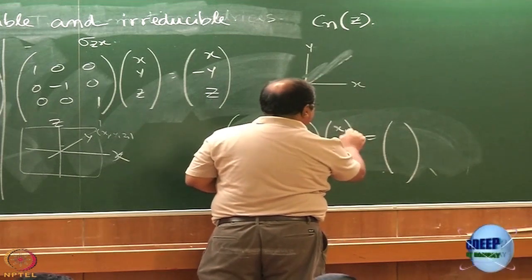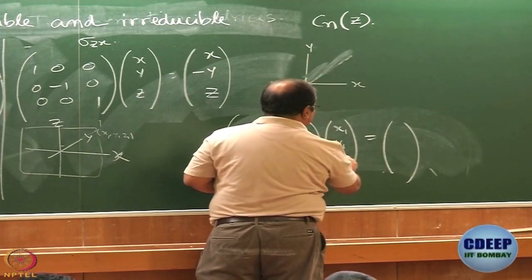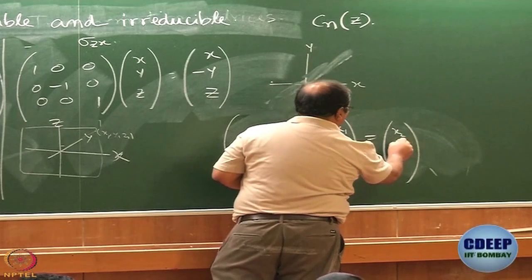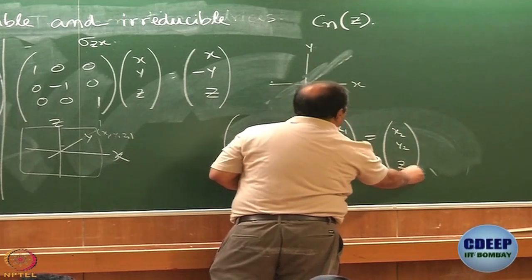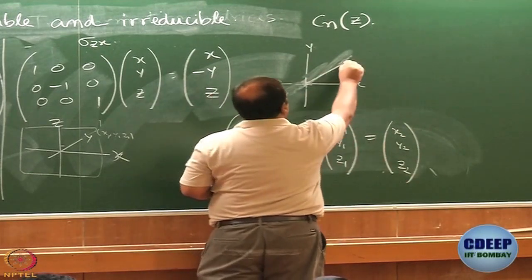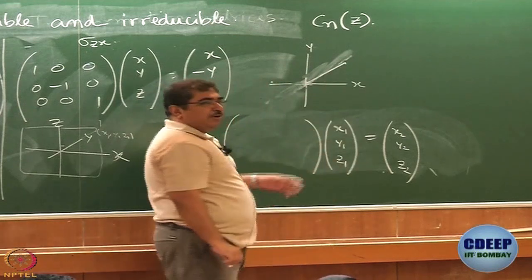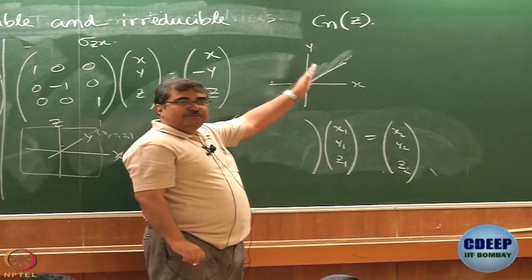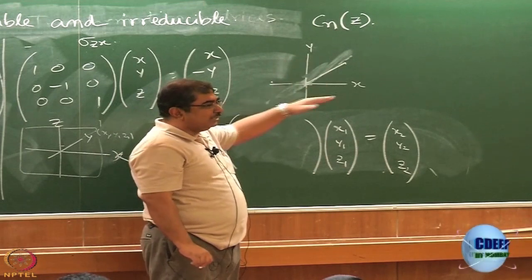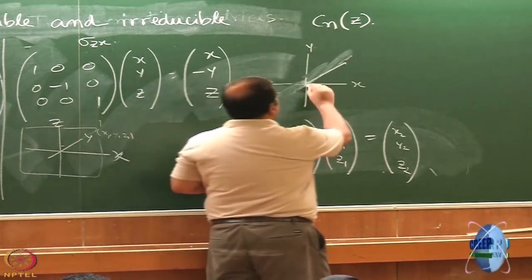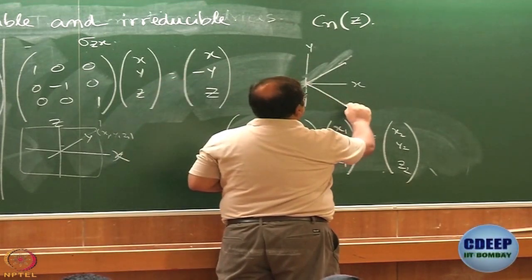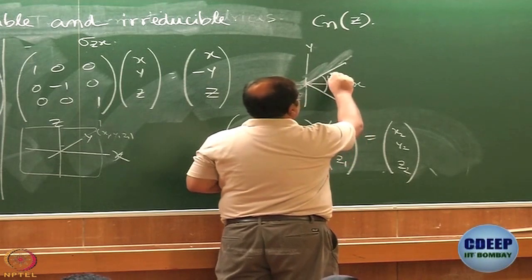For a matter of convenience, again I will write x1 y1 z1 and x2 y2 z2, where x1 y1 z1 are coordinates of the point that we start with. We are working with the position vector, and let us say I have rotated by an angle theta, any angle theta.